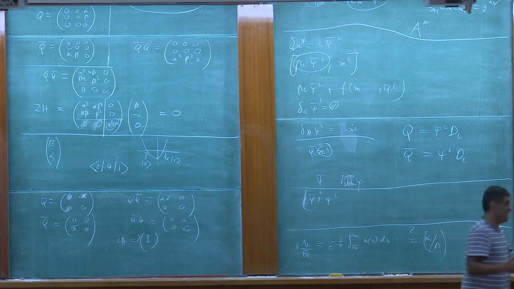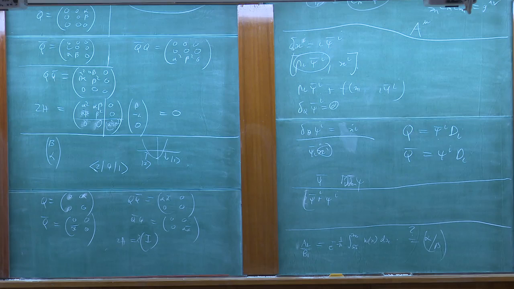Okay, with different guys they anti-commute, but with the same guys they square to 1 because psi bar with psi is 1. Maybe I need some factor of square root 2. Okay, it squares to identity with some number. In fact, it comes out right.